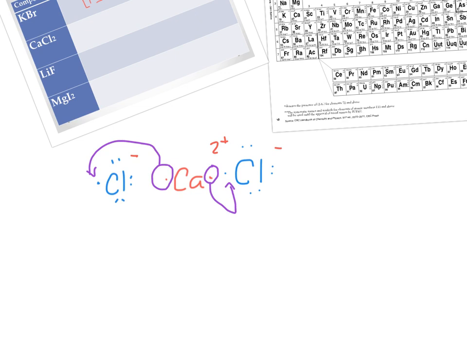So let's actually write out the Lewis dot structure for this. So we have calcium. It will have a 2 positive charge to indicate 2 electrons lost. And then we will write chlorine on both sides with the full octet.